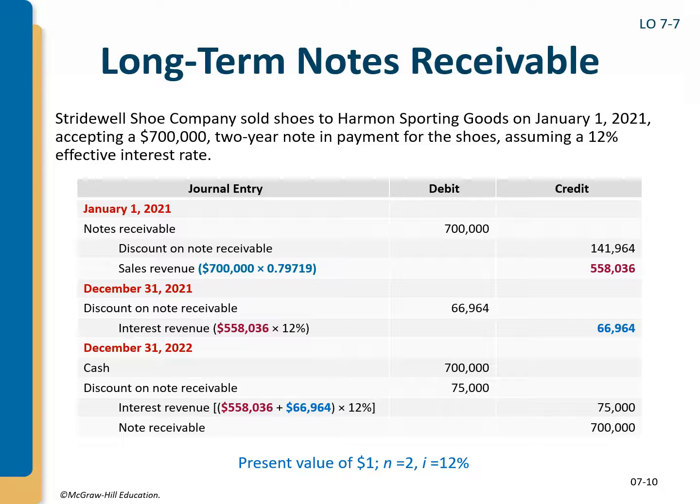So in this case, Harmon Sporting Goods bought from Stridewell. Stridewell allowed them to sign a note for 2 years, 12% interest rate, $700,000 was the amount they borrowed. Now, in this case, it looks like there's no stated interest rate.